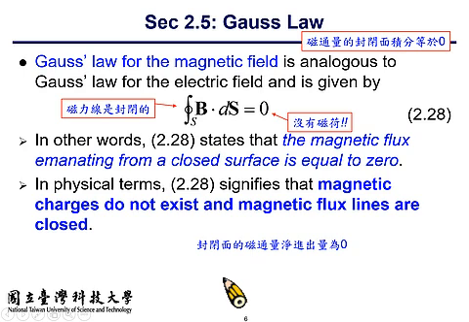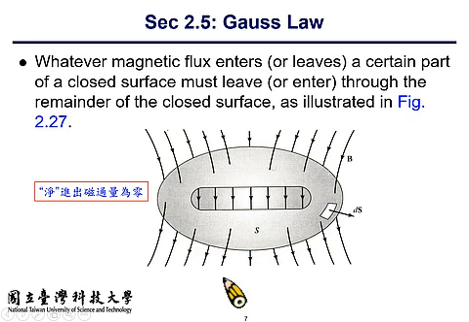To put it another way, because magnetic charge does not exist, and magnetic flux lines are closed at all times, the closed surface integral of magnetic flux density always equals 0, no matter how you twist or tweak the surface.